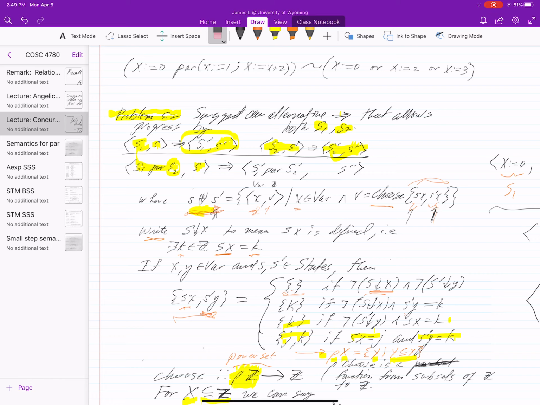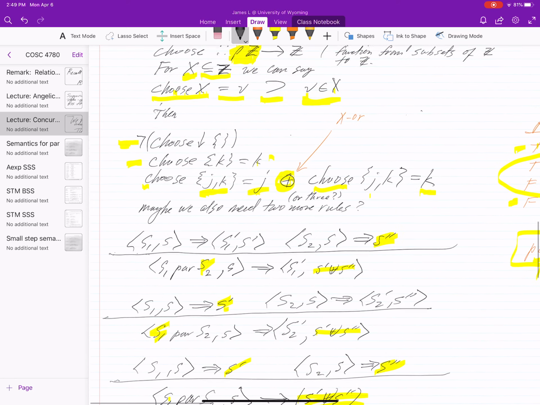Now, if you did that, that's the same as doing S1 first and then something from S2. Now you're going to need more rules to make this work for all possible cases. So that's my hint, and so I'd like you to do problem 5.2.